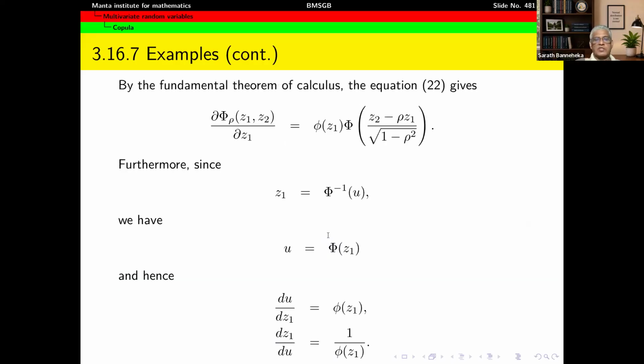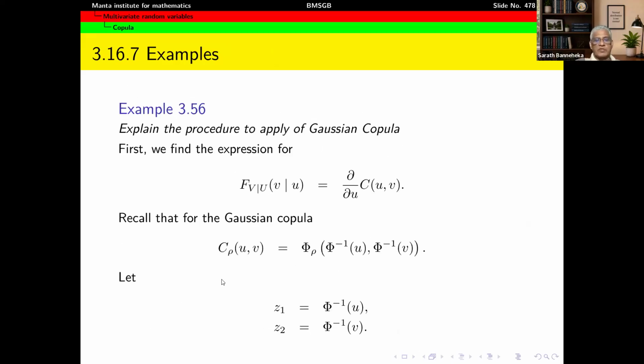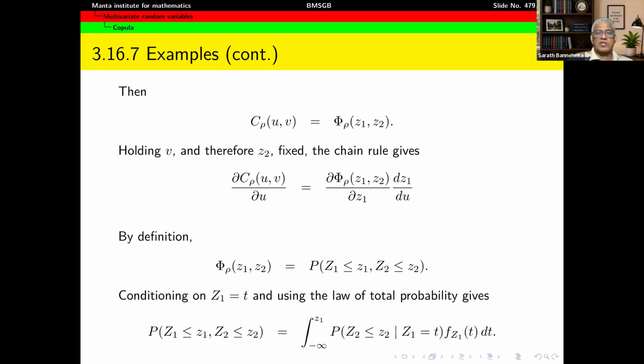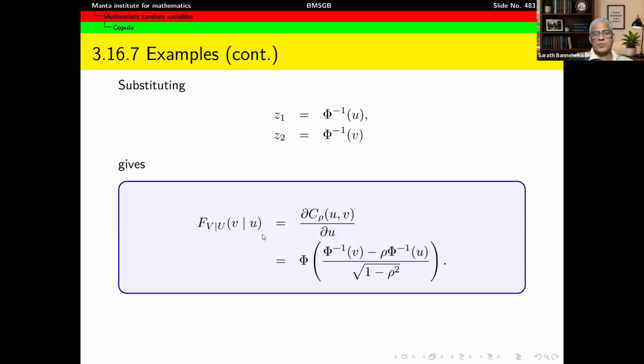Right. So after several steps like this, this is where we start. This is the copula. What you need is the derivative of that copula with respect to u, and we want it to get some calculable expression. And after several steps following like this, I can finally get this expression, which can be calculated when u and v are given, and also rho is given.